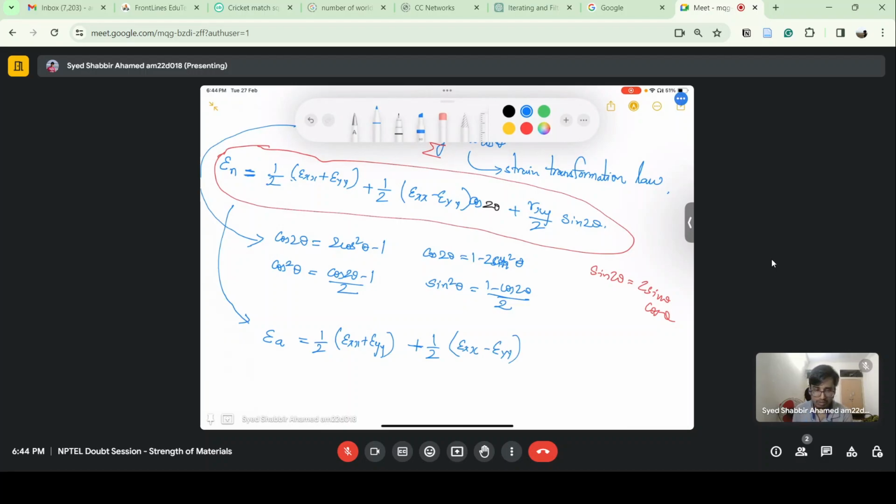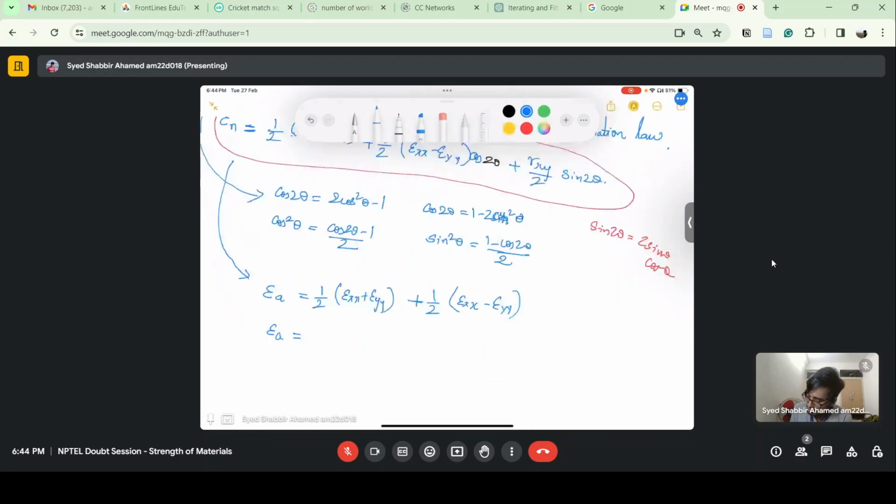Theta is 0 here, so cos 2 theta is cos 0, which is 1, and sin 2 theta is 0. So epsilon a will be equal to epsilon x. This is the first equation you can see.